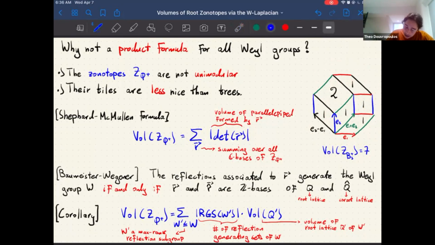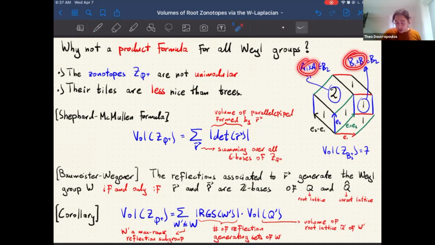So this volume 2 corresponds to the reflection subgroup A1 cross A1 inside B2. And I also want to point out that there is another little parallelotope whose roots do not generate the whole group, and this one I'm going to say corresponds to the reflection subgroup B1 cross B1, right?